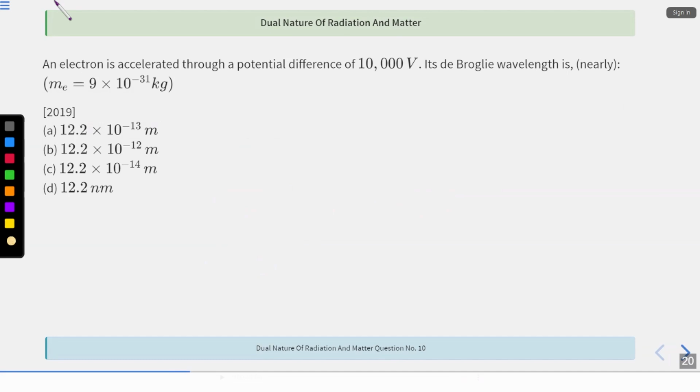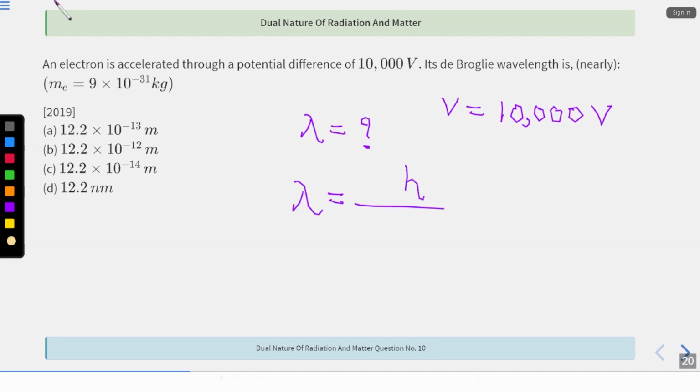Okay, so we have been given that lambda is what we need to calculate, and we know the voltage is equal to 10,000 volts, and we know the mass of the electron. We previously calculated this one, right? We know that it is h by root of 2 meV.